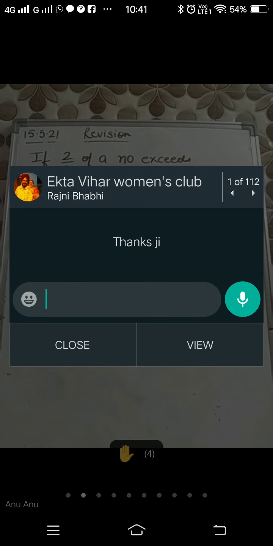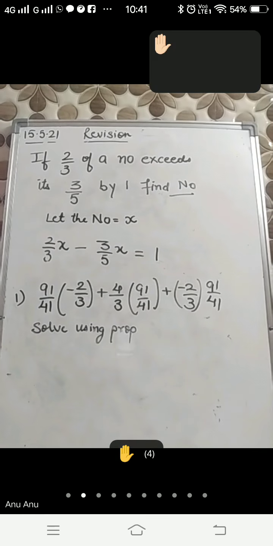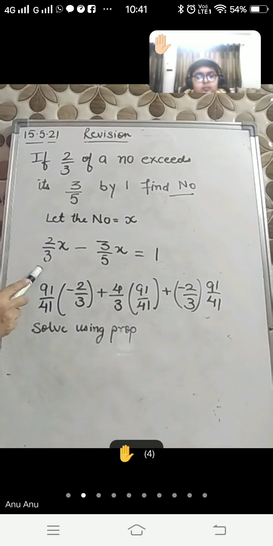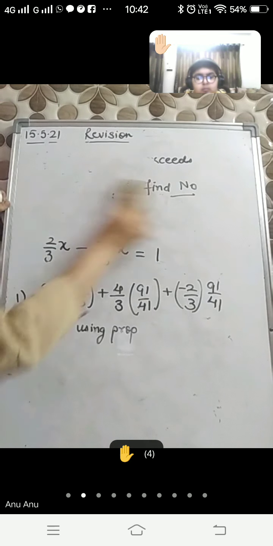Answer of this question is 15. Okay. Answer of this question you must be having as 15. If you want to check, you can check this also. How will you check this?